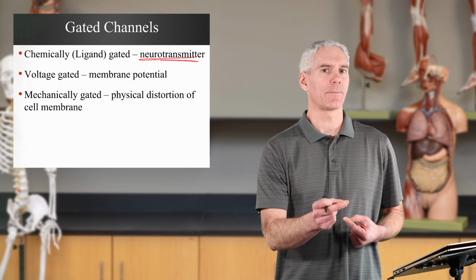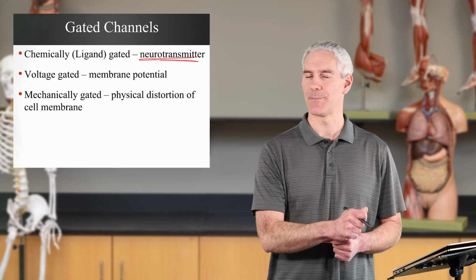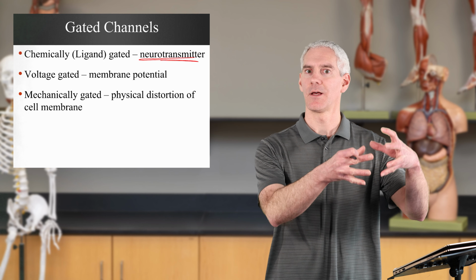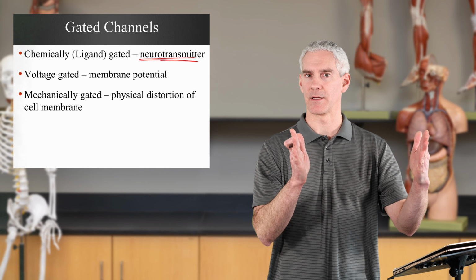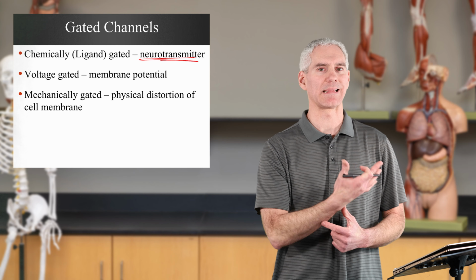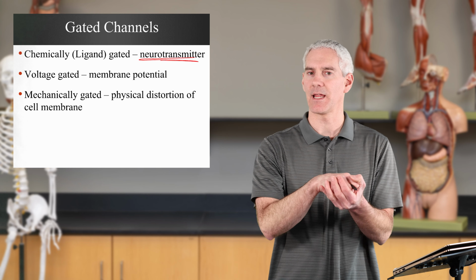When that acetylcholine bound on the motor end plate, that was a chemically gated channel. That acetylcholine binding triggered the opening of that gate. So chemically gated or ligand gated channels need a physical chemical to bind in order to open.